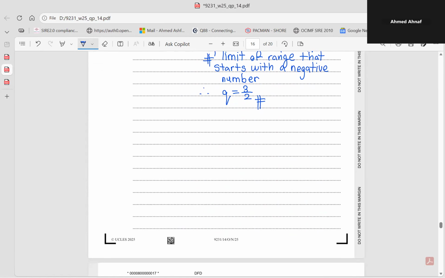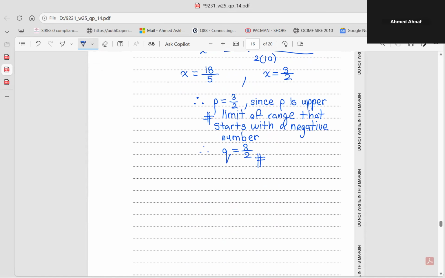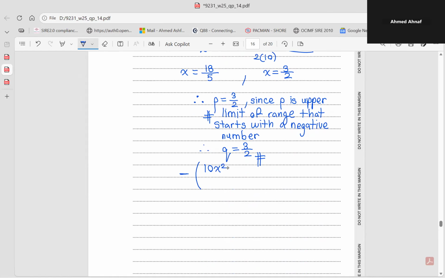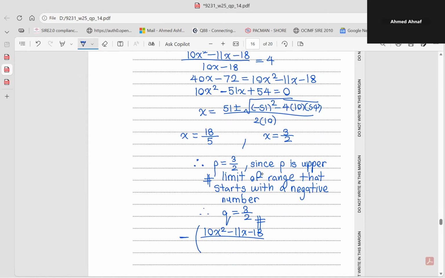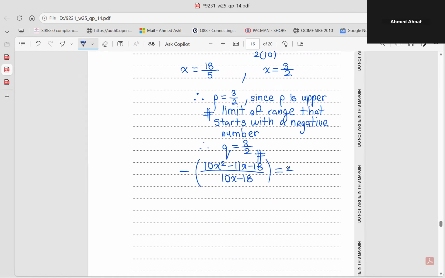Wait, no, actually, just to be safe, we should do the negative 10x squared as well, because I have a very uneasy feeling that they might not accept it. And it's quite hard to explain in words.